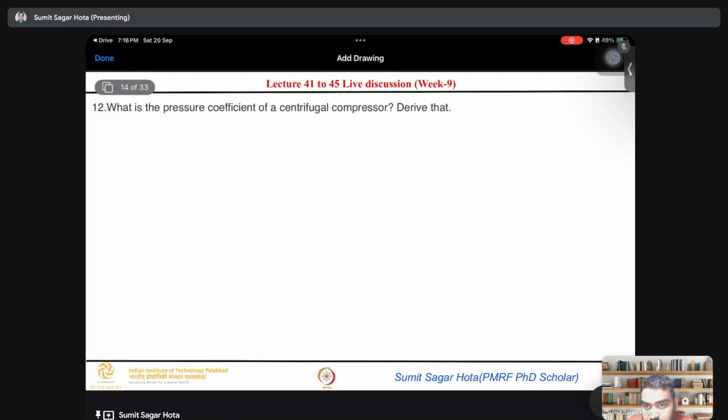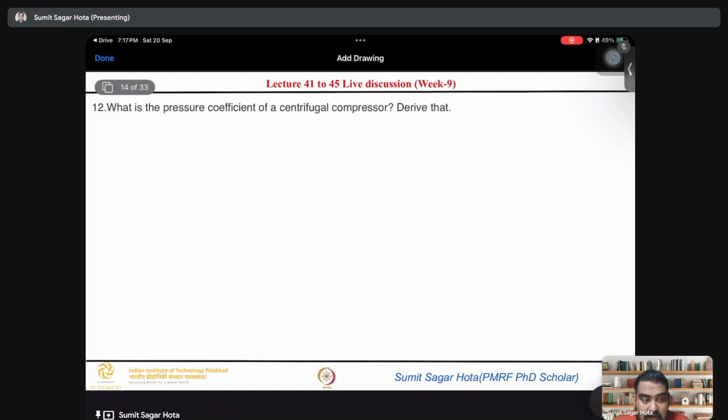So what is the pressure coefficient of a centrifugal compressor? Derive that. This kind of question is a derivation question, so you should know how to derive all these expressions.